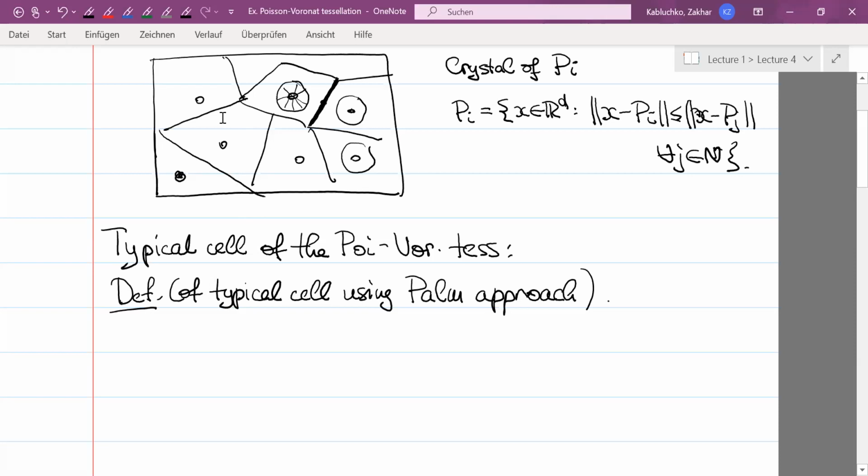The only thing which we require is that this association has to be translation invariant. So if we move the polytope, then its center moves together with the polytope. It may be, for example, the center of mass of the polytope, any function. In our case, we do it in a simple way. We say that Pi, the point which generated the polytope, is the center. It's, of course, random here, but let's do it in this way.